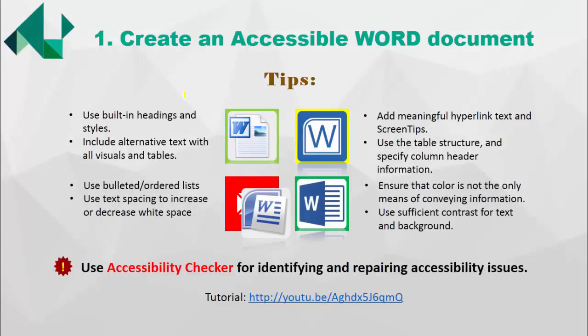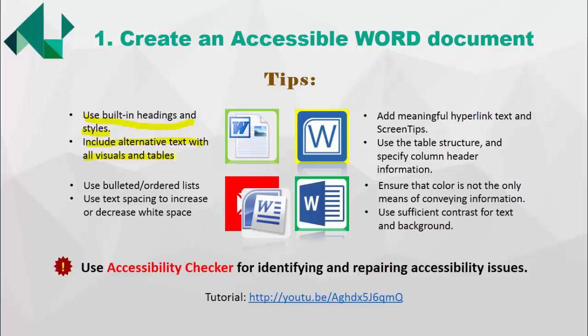First, let's look at creating an accessible Word document. Here are some of the key points you must be careful at. First, use built-in headings and styles. That means when you create the different levels of headings, you must use styles provided by Word. And second, include alternative text with all visuals and tables.